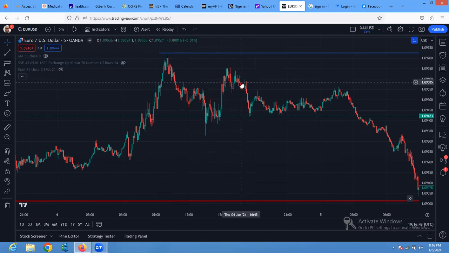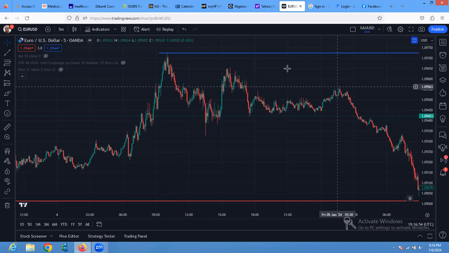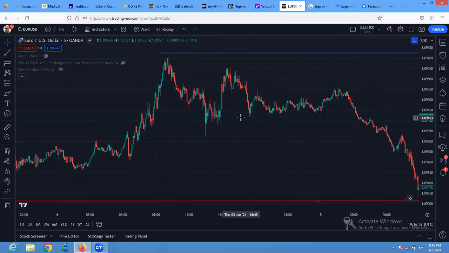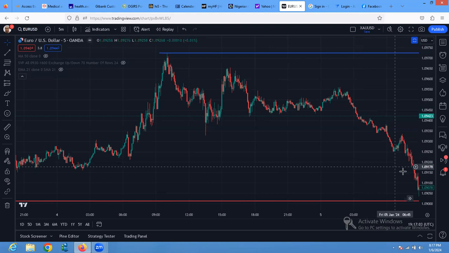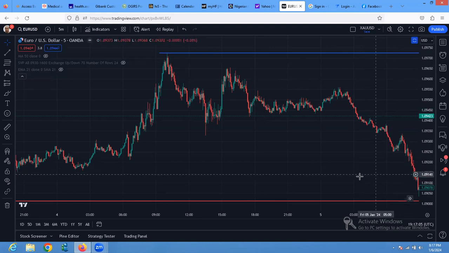Then the B part of the B. So this triad here finishes a B wave of this A, B. Then the last part, C of that B wave, is what should come to the downside.